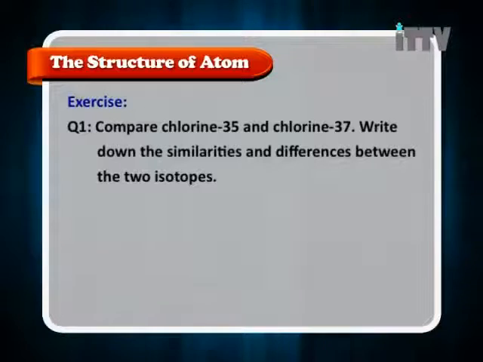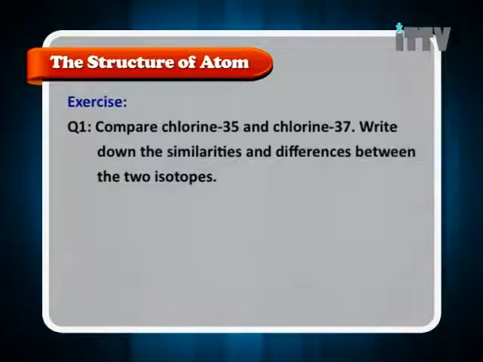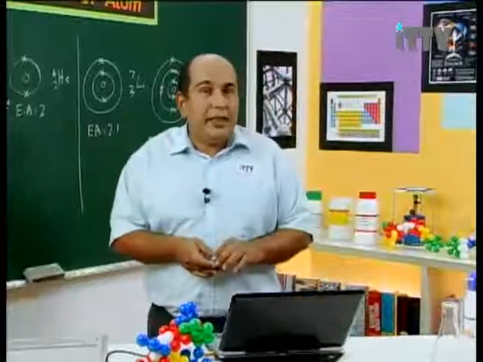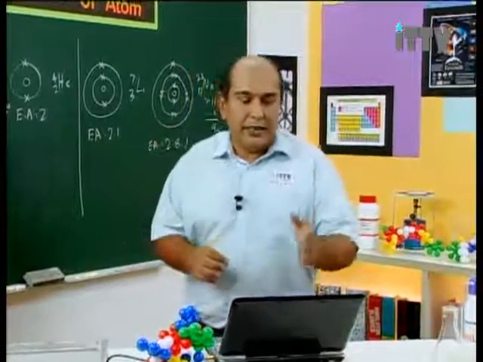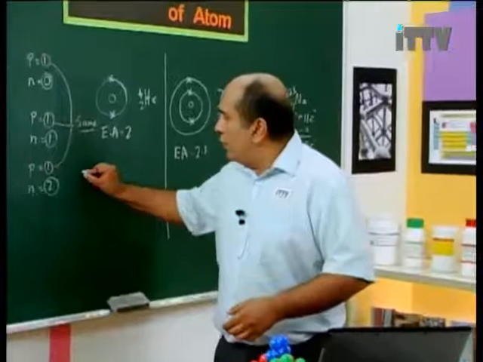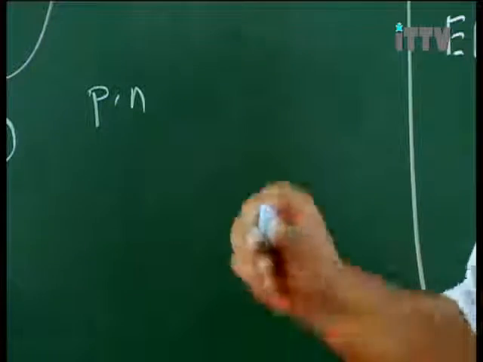Question. Compare chlorine-35 and 37. Write down the similarities and differences between the two isotopes. So, think about the key things you need to do in this comparison. We want to know the comparison for proton number. We want to know about the nucleon number or the neutron number.